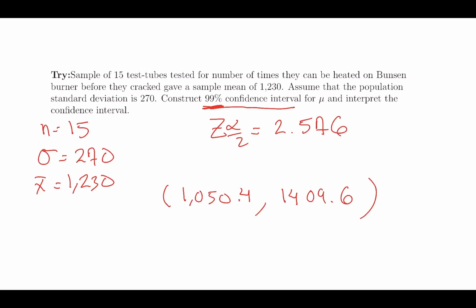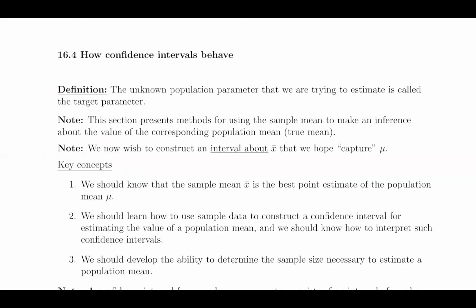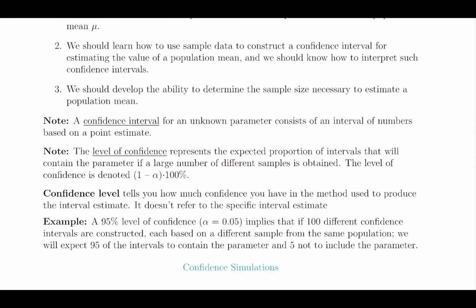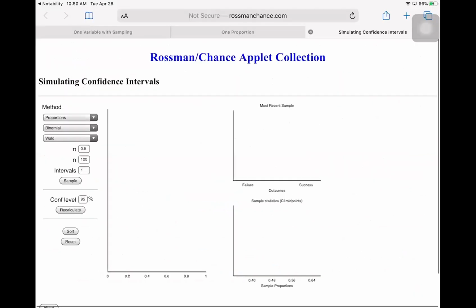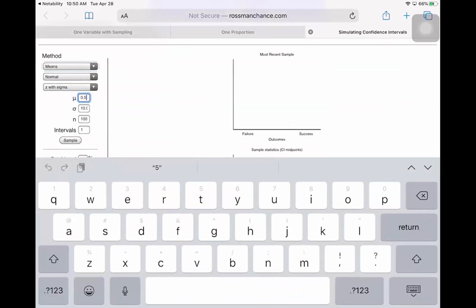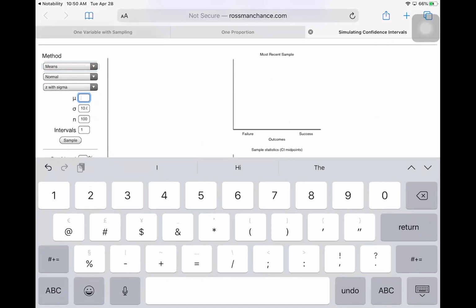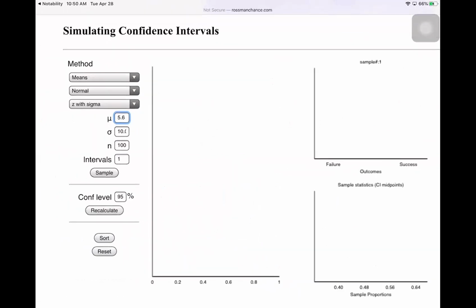So up next, you're going to hopefully reinforce the concept of the confidence interval. Up next is just going to be a simulation. So we're going to go over this simulation. All right.